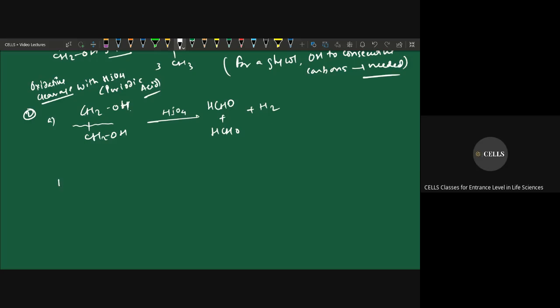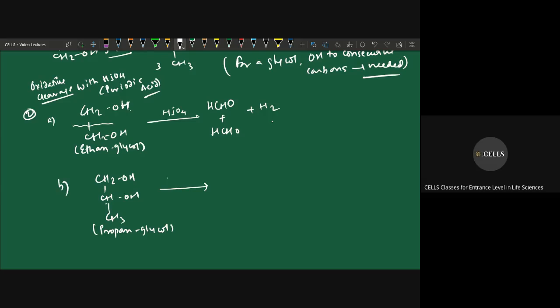Suppose if we have this propan glycol, this was ethan glycol. If you have propan glycol like this, see, this is a propan glycol. So between the 2 carbons where the hydroxyl groups are present, what will happen? Cleavage will happen.